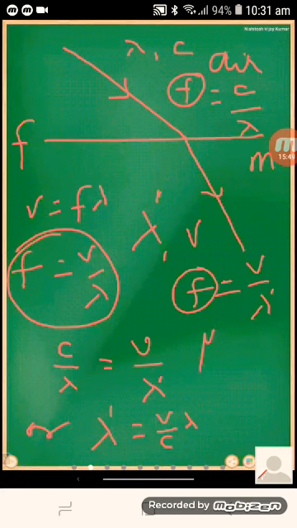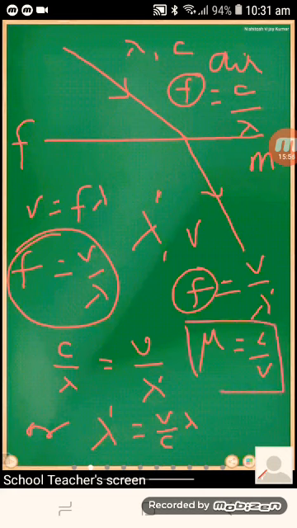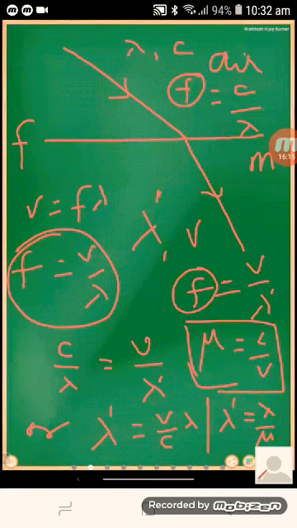We all know that mu is equal to c by v, the standard formula which we have already studied: velocity of light in air or vacuum upon the velocity of light in the medium. Therefore we can write lambda dash is equal to lambda by mu. So this gives us the relationship between lambda dash and mu.